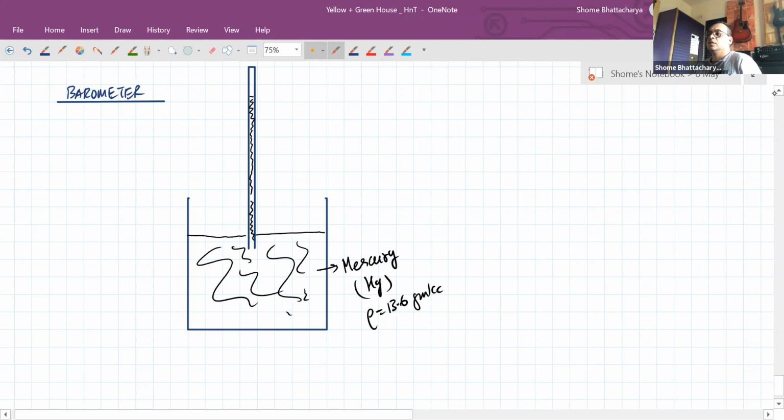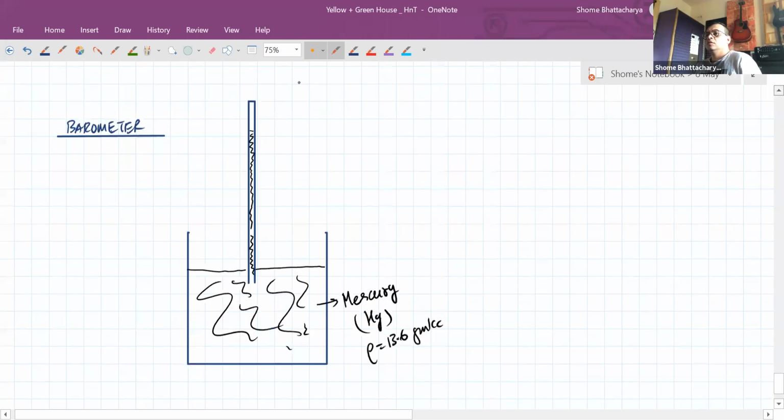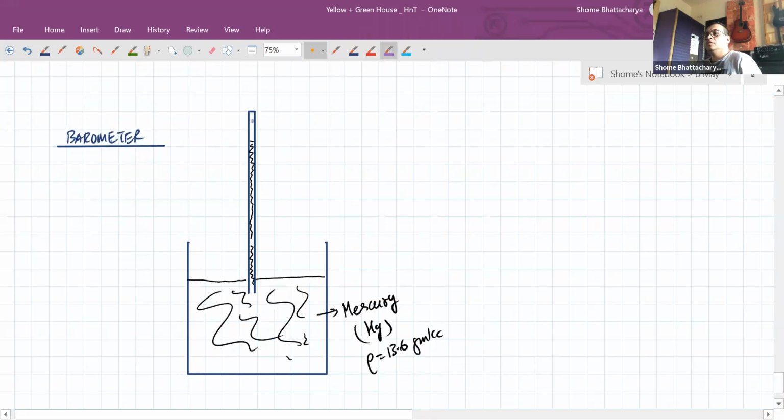Okay. And this part is vacuum. This part is 1 meter. And if the reading of this is some X, then the atmospheric pressure comes out to be density of mercury into g into X.